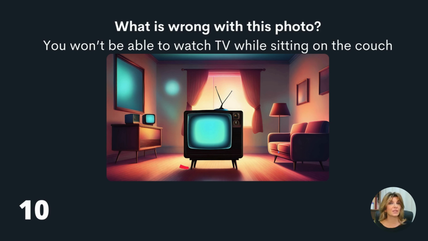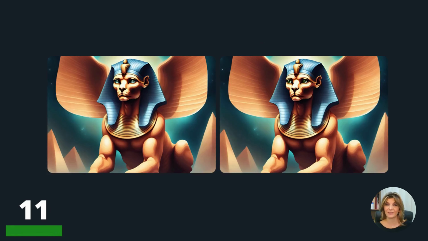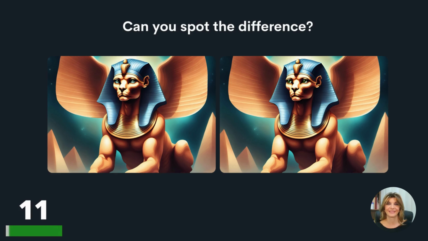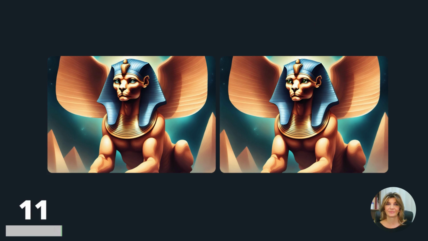You won't be able to watch TV while sitting on that couch. Can you spot the difference here? The color of the eyes of the Great Sphinx are different.